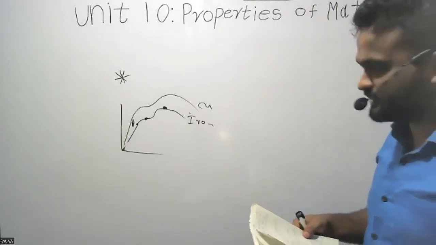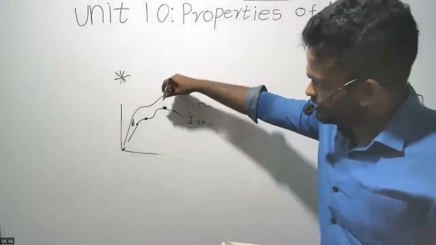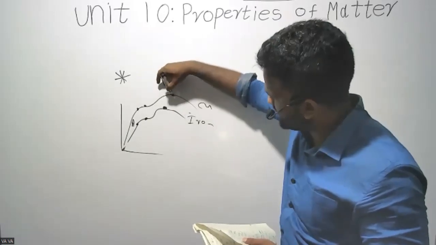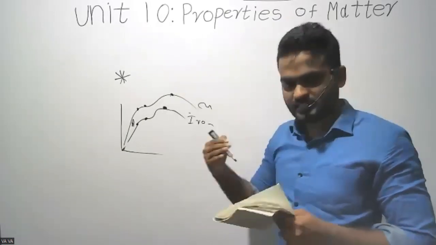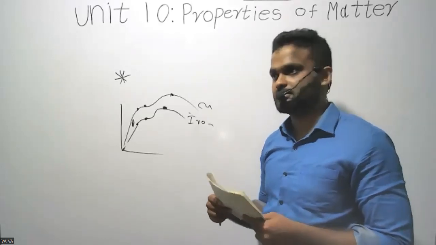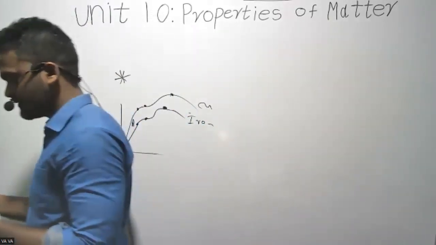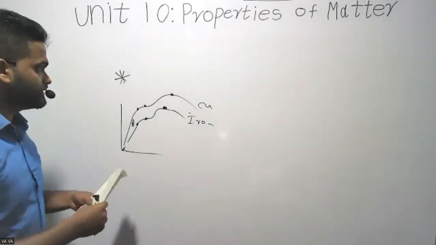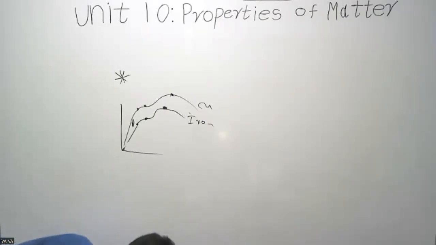The proportional limit, yield point, and breaking stress are specific to the material. Okay? Then you don't have to draw this one.